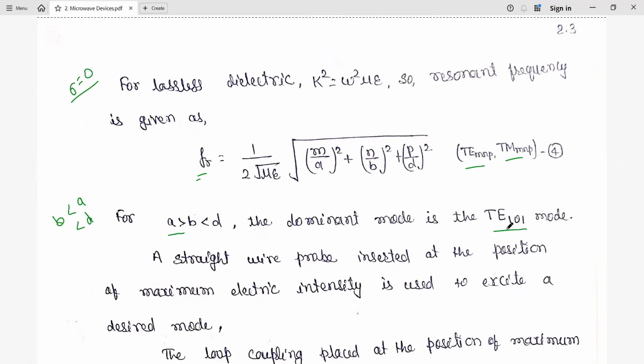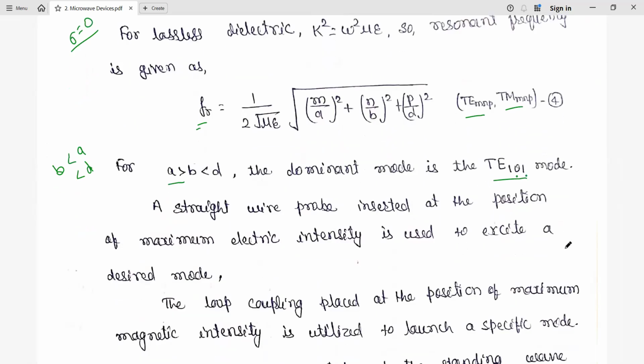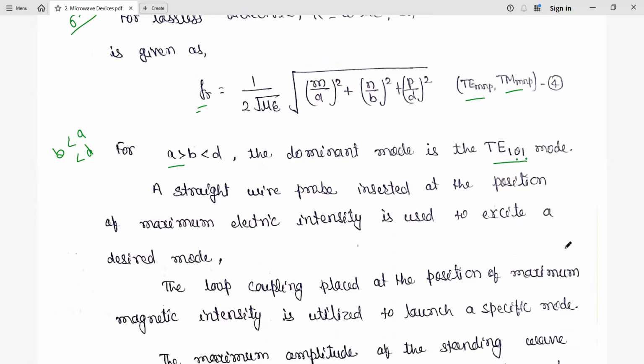M is 1, N is 0, P is 1 here. Now if a straight wire probe is inserted at the position where we have maximum electric intensity, then it is going to excite the desired mode.